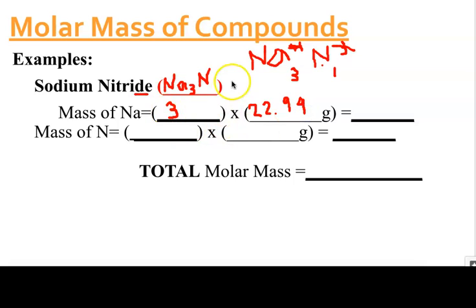And then I'm going to set it up before I solve. I only have one N, and the mass is 14.007. Okay, so now I'm going to get my calculator out. 3 times 22.99 is 68.97.